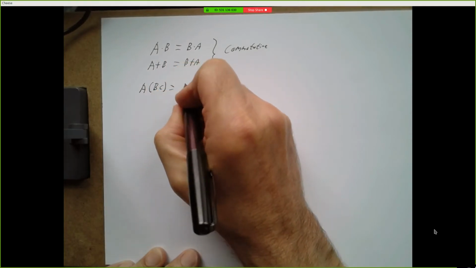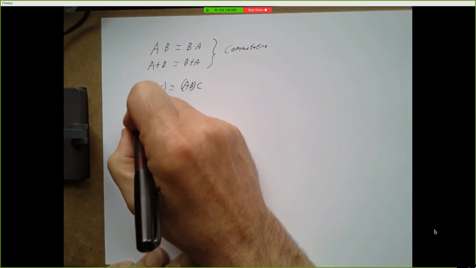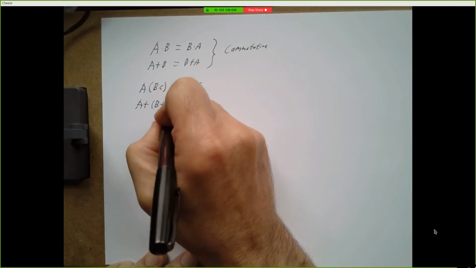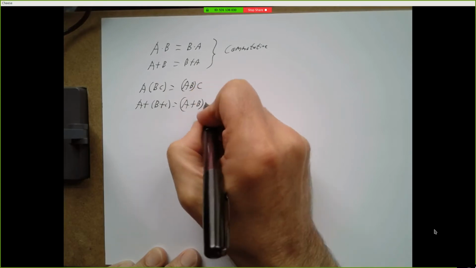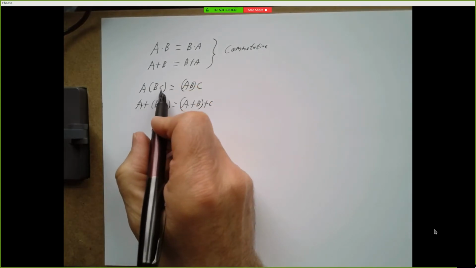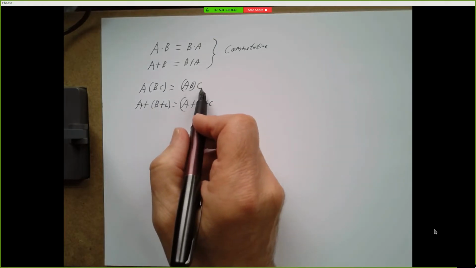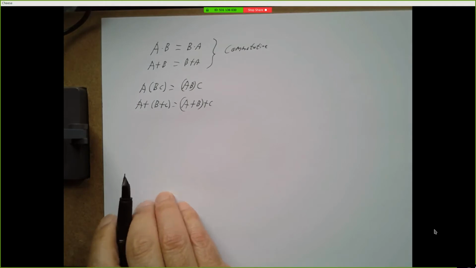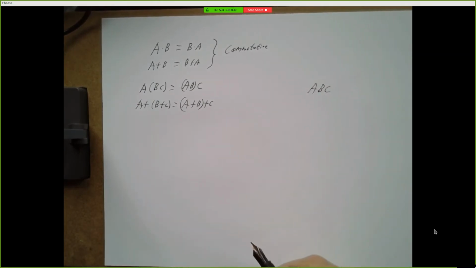It also turns out the order in which we group things together does not matter. For example, if we want to take A and AND it with B, C, we can also take A, AND it with B, and then take that result and AND it with C. So if we just write something like A, B, C, it's unambiguous.